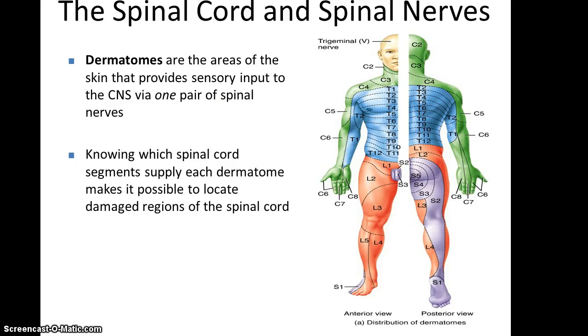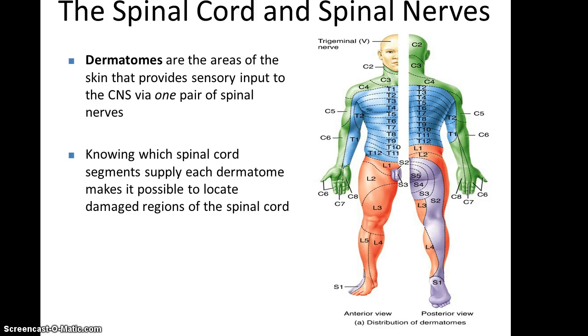Dermatomes. Dermatomes are areas of the skin that provide sensory input to the central nervous system via one pair of spinal nerves. So basically, this portion of the arm, for instance, is innervated by C5, by the cervical spinal nerve 5.